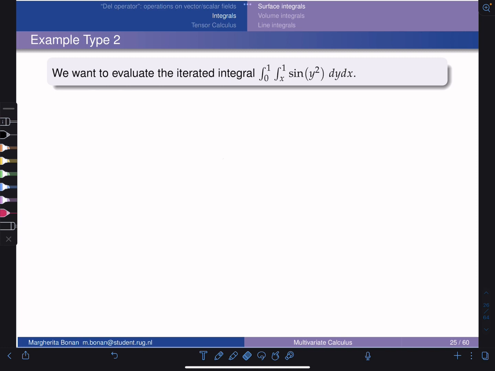Then we can see an example of an integration in a type 2 region. In this case, we want to evaluate the iterated integral from 0 to 1 and then from x to 1 of sine of y squared dy dx.